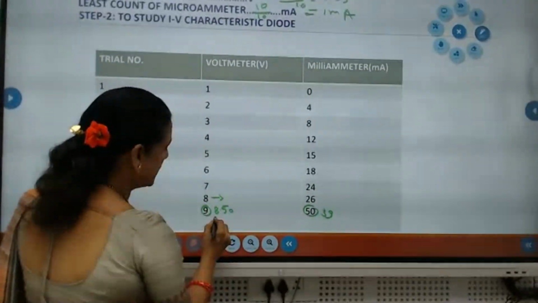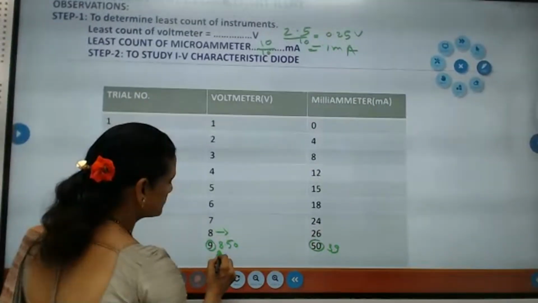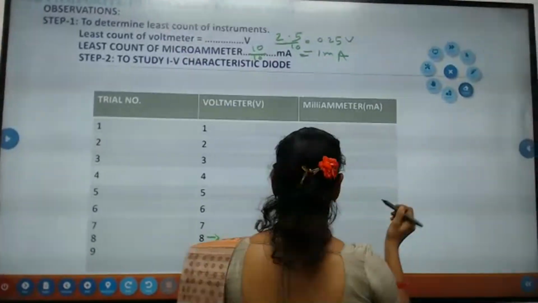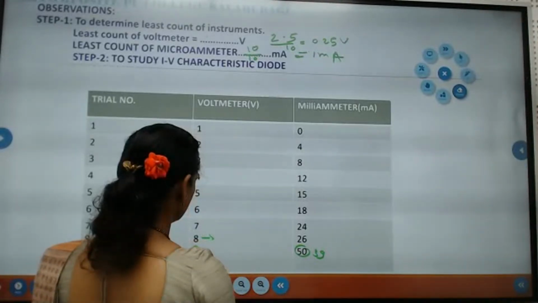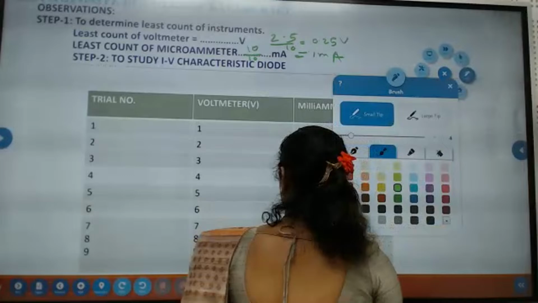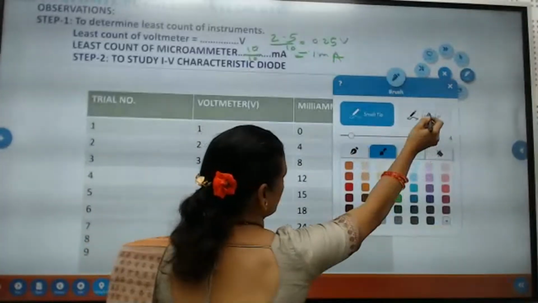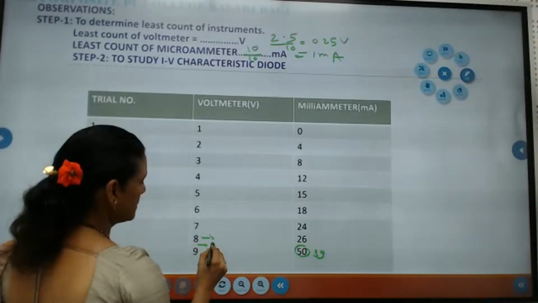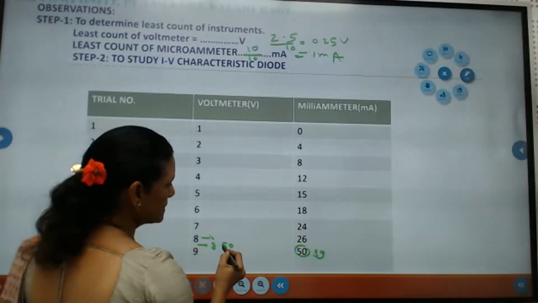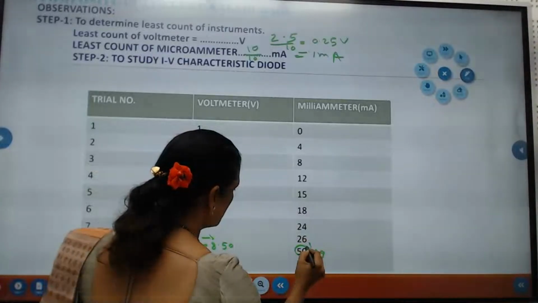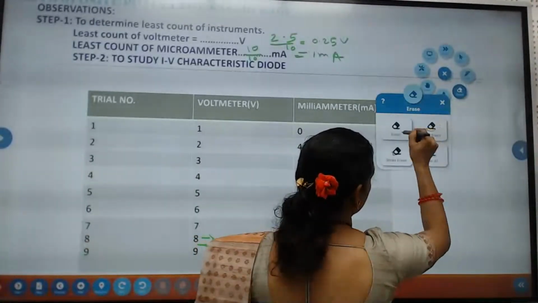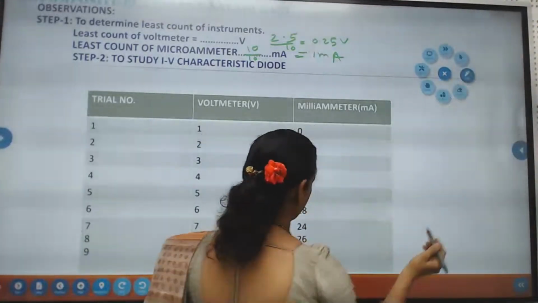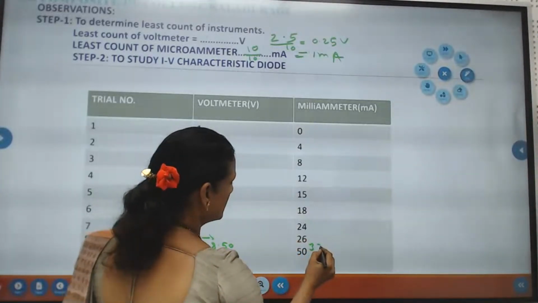If I increase by one line, suddenly at 8.50, I am getting a sudden increase in my current to 39 milliampere.